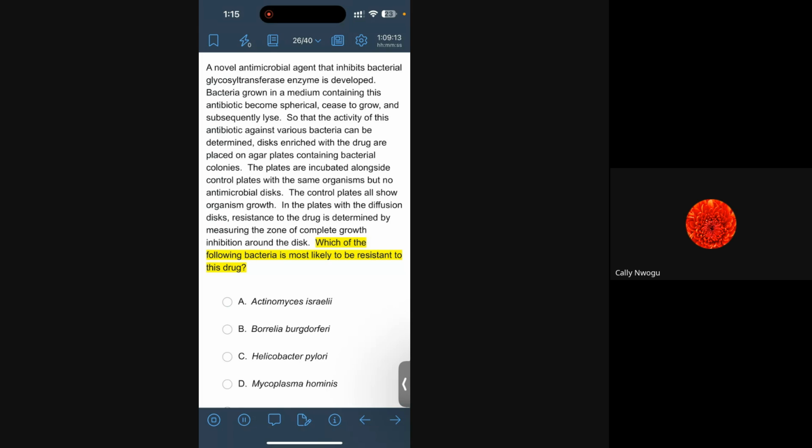We are using an antibiotic which inhibits the glycosyl transferase enzyme.